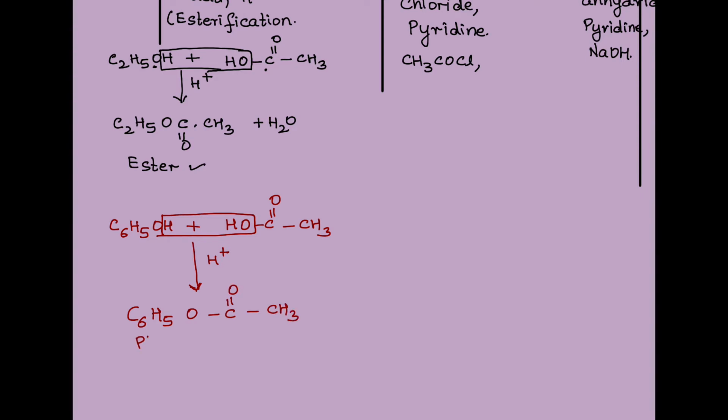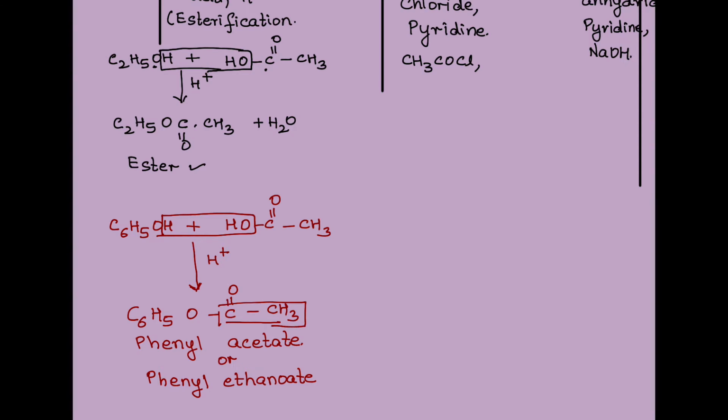That is, we have phenyl acetate, or if we have to name it in the IUPAC system, it will be phenyl ethanoate. Right? There are 2 carbon atoms in this chain. Because this chain has the functional group, I am going to consider this as my main chain.